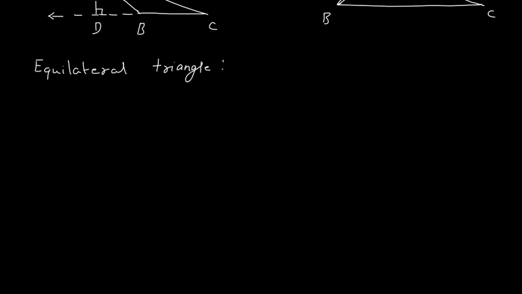Here we can use Heron's formula as we know the length of all three sides, or we can find the height of the triangle using the concept that if from the apex we draw a perpendicular, it will bisect the base. So here we have to use the Pythagoras theorem also. Using the Pythagoras theorem I can find the height, and then we can apply the half into base into height formula.